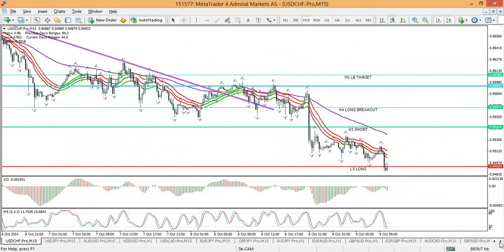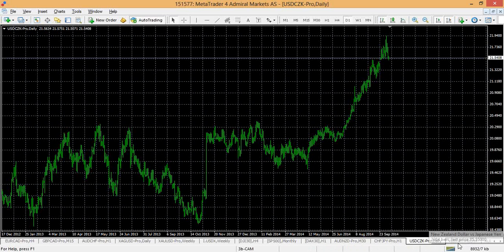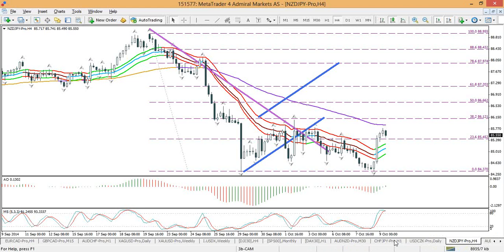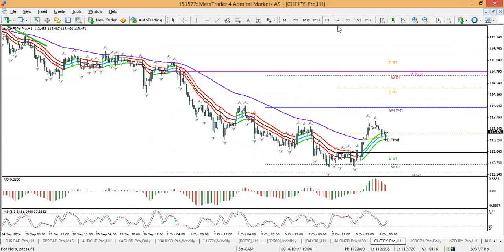How about the CHF/JPY? Sorry for this many crosses. Here it is, CHF/JPY.